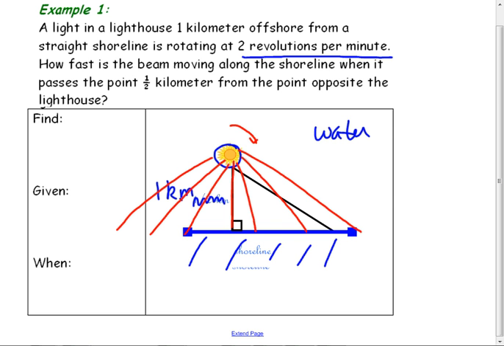I couldn't do a lighthouse the way I wanted to because we are in the helicopter looking down. So down here is the helicopter, you guys are the shoreline, and the light is sweeping down the shoreline. It goes out to sea, and it comes back, and it sweeps.